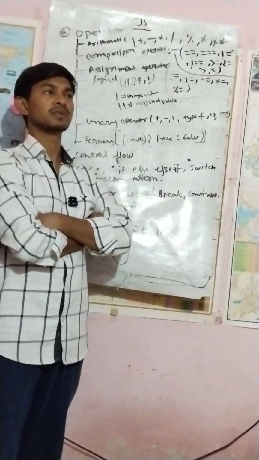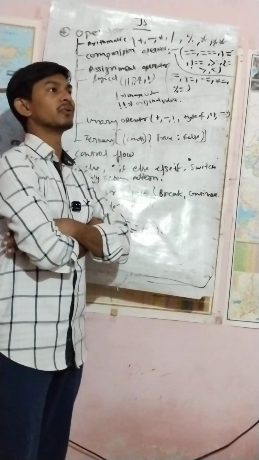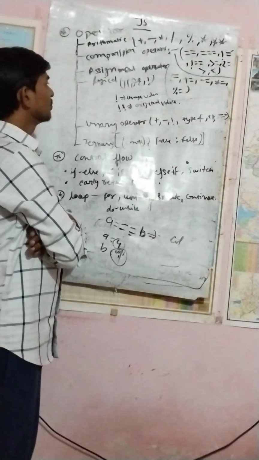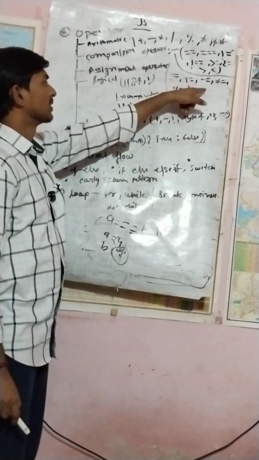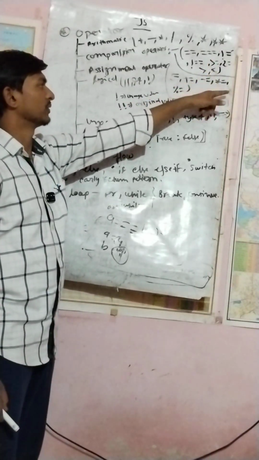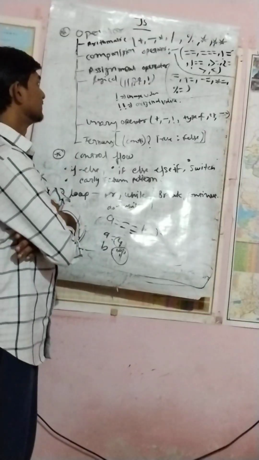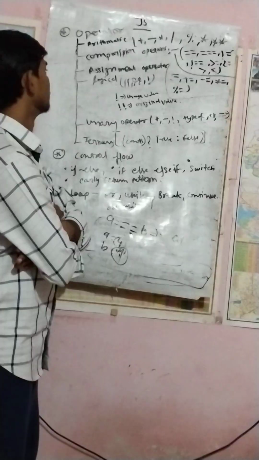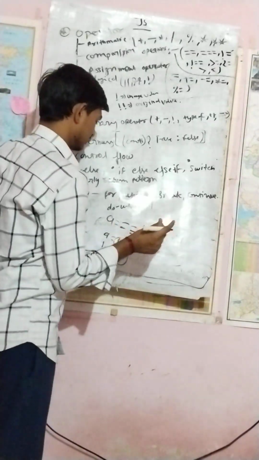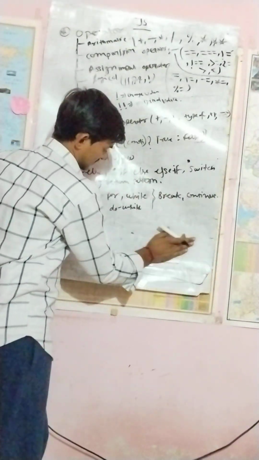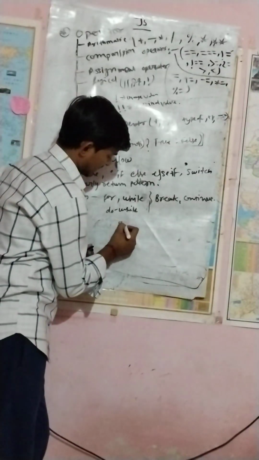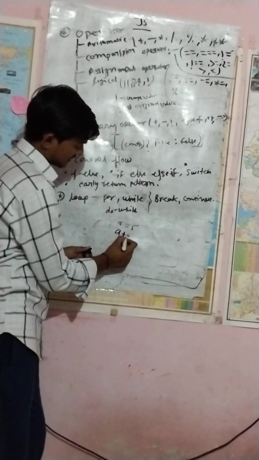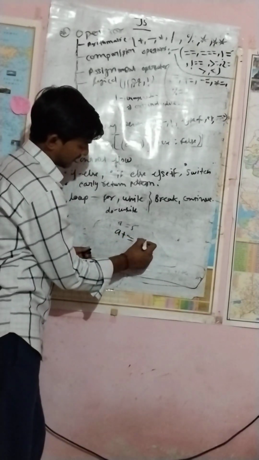Assignment operator means you are assigning something to a variable. Here we have equal, plus equal, minus equal, into equal, and mod equal. These all come under assignment operators. Suppose we write a equal to 5, and again we write a plus equal to 5.